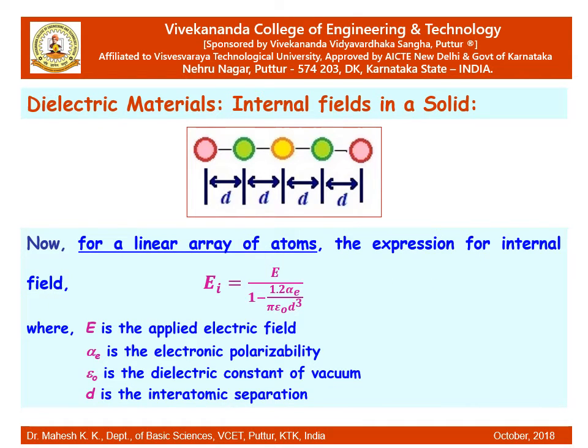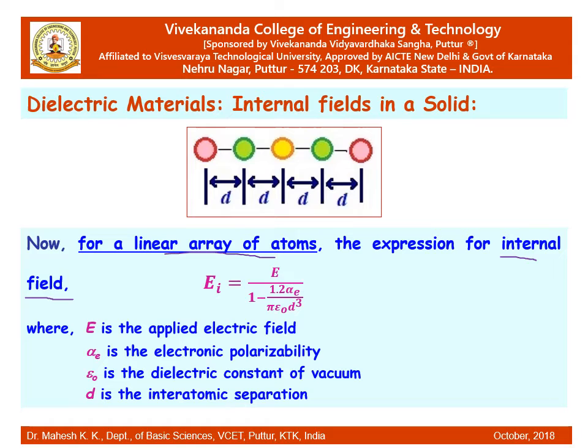Now, in the considered volume of dielectric, if I consider a linear array of atoms, we don't have a derivation for the expression of the internal field in your syllabus. I'm just giving you the expression.